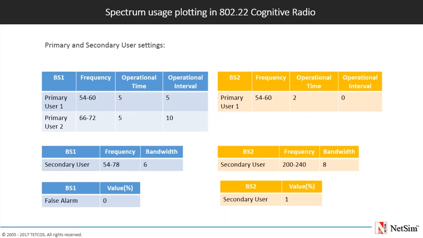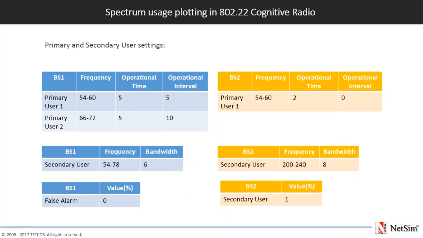So as you can see, in the first base station you will have interference, because whenever the primary user comes on, the primary and the secondary user are operating in the same frequency range between 54 to 78 megahertz, whereas in the second case the primary user is in a different frequency range and the secondary user is in a different frequency range. So there is theoretically no interference possible between the primary user and the secondary user in the second base station.